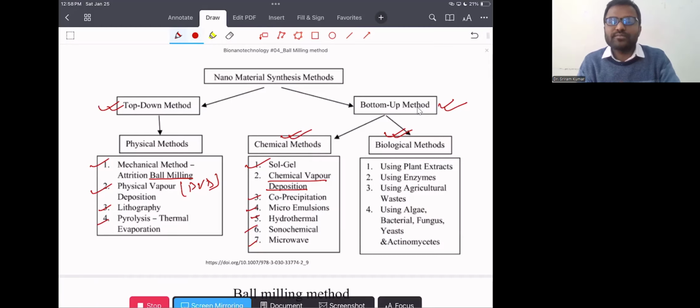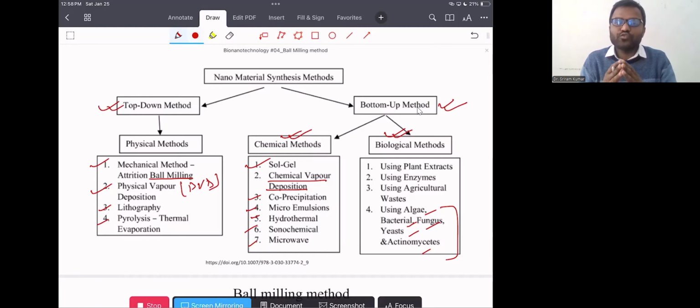And in the biological method, we can use biological samples. For example, we can use algae, bacteria, fungus, or yeast. Using this kind of bacteria, we can develop nanomaterials with the same shape or morphology as the biological sample, and based on that we can have better activity of these nanomaterials.